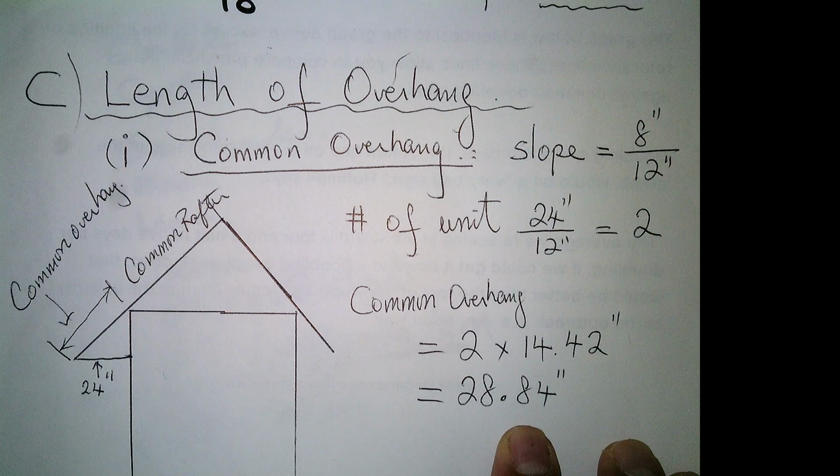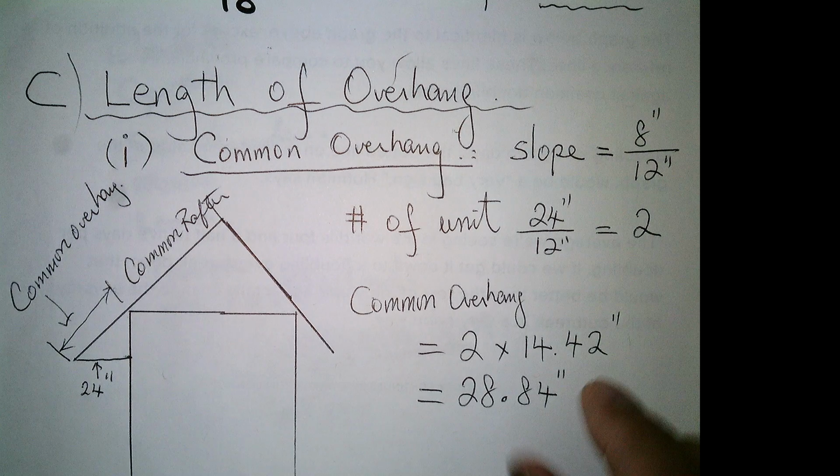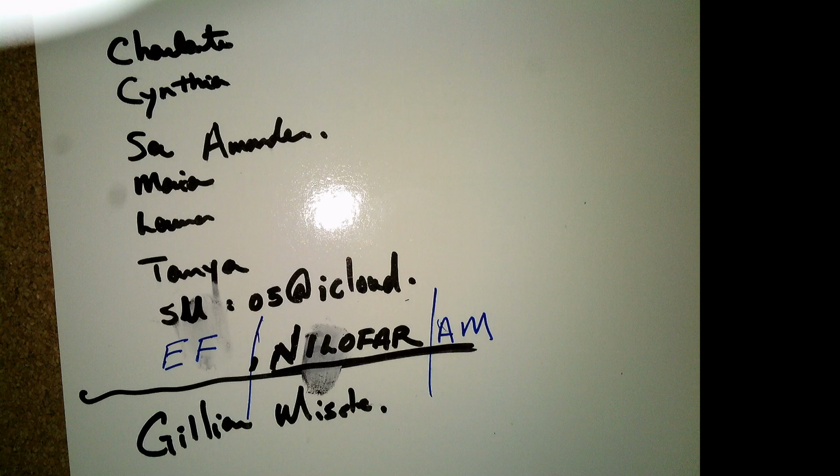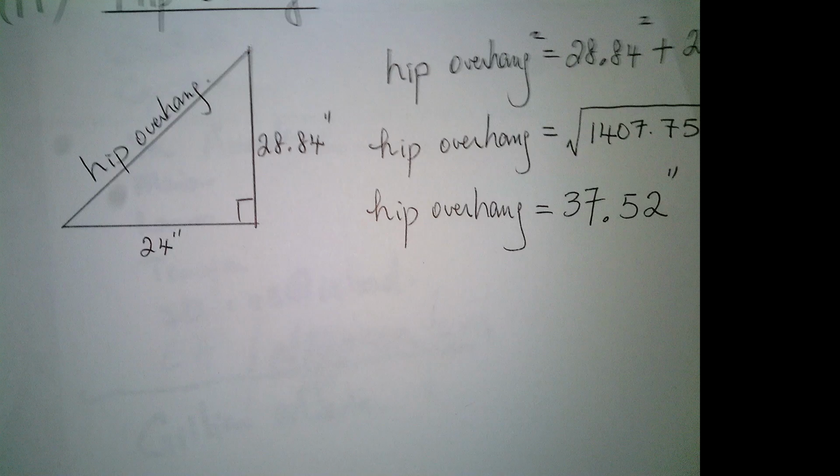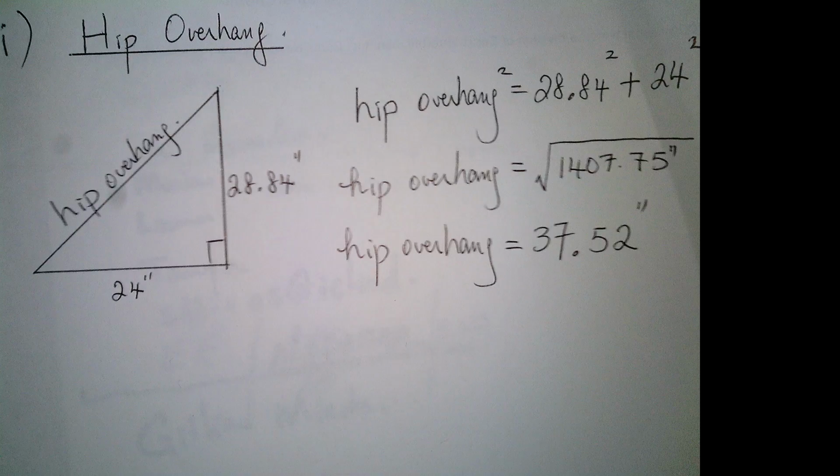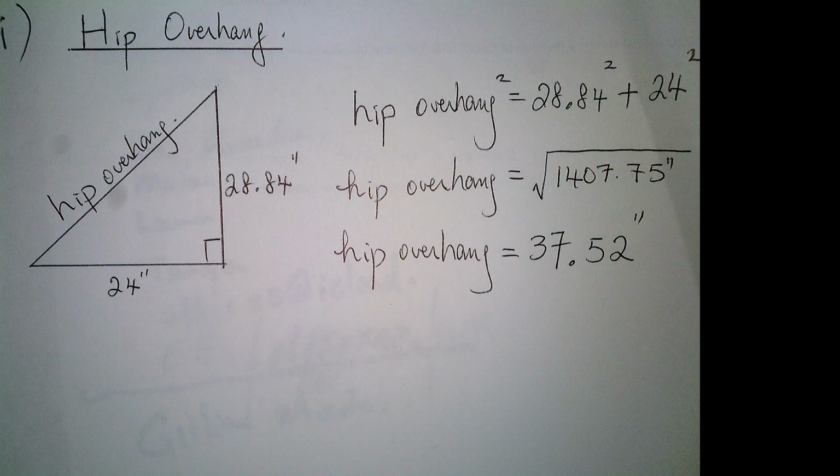And so the hip overhang just follows the B part, the line length of the hip rafter. Same idea, because we look at the bottom triangle.